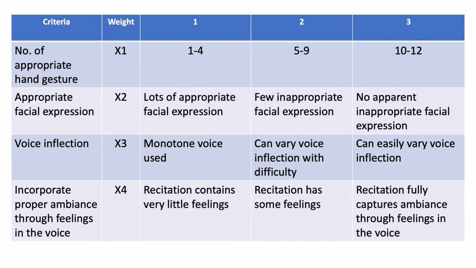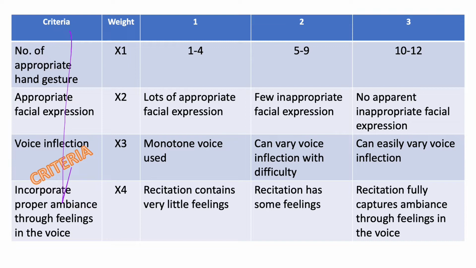This recitation rubric has 4 criteria. So, this is the criteria. This part is the criteria. So, number of appropriate hand gestures, appropriate facial expression, voice inflection, and incorporate proper ambience through feelings in the voice. These are the given criteria. And then, it has 3 levels of performance.